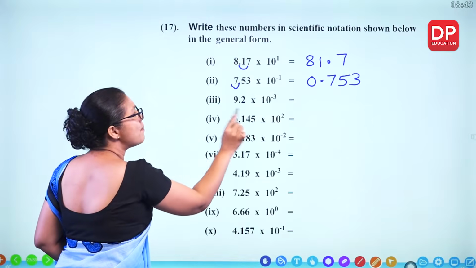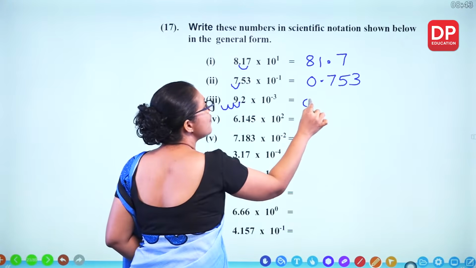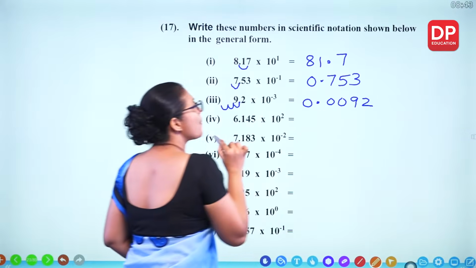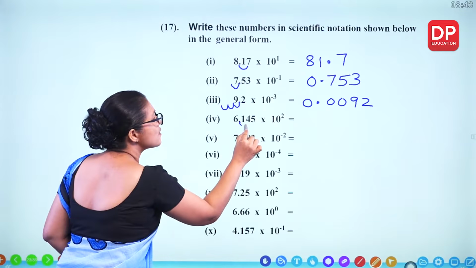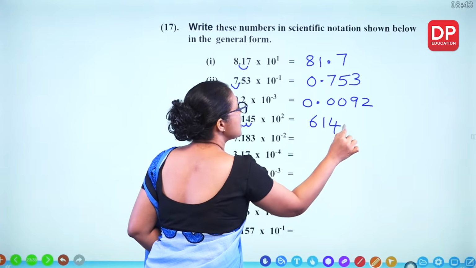This one 3 places to the left, 1, 2, 3, 0.0092. 10 to the power positive 2, 2 places to the right, 614.5.